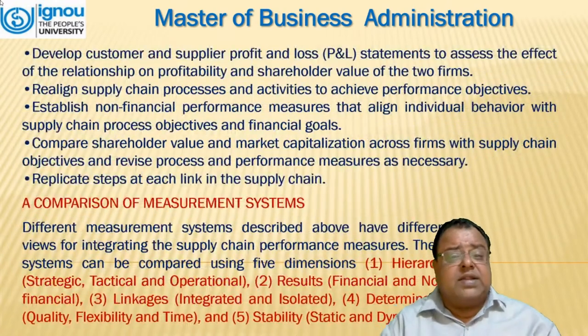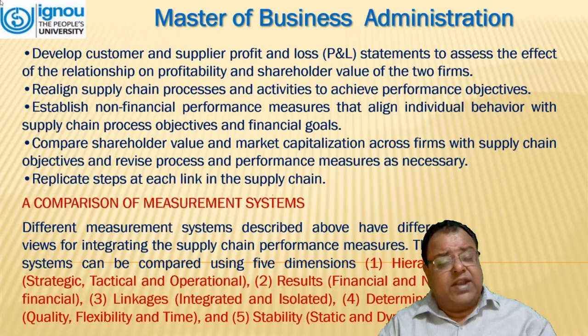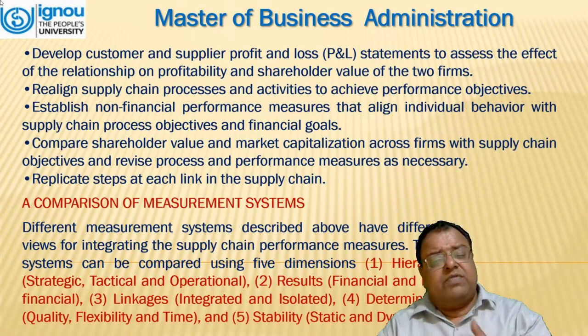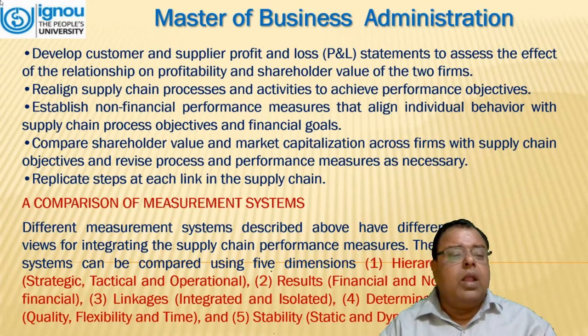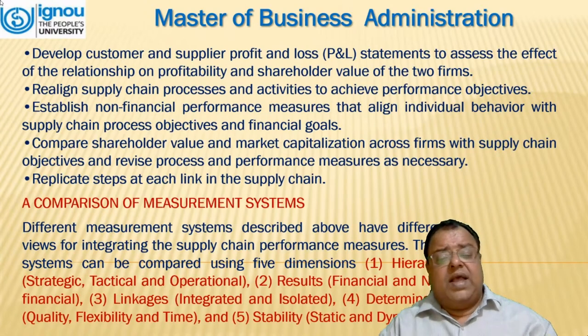Develop customer and supplier profit and loss statements to assess the effect of the relationship on profitability and stakeholder value of the firm. Align supply chain processes and activities to achieve performance objectives.